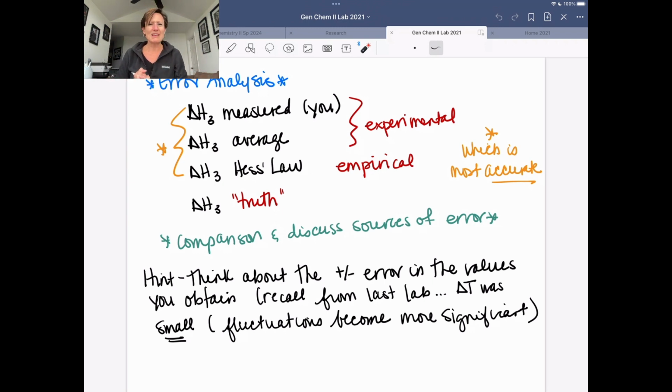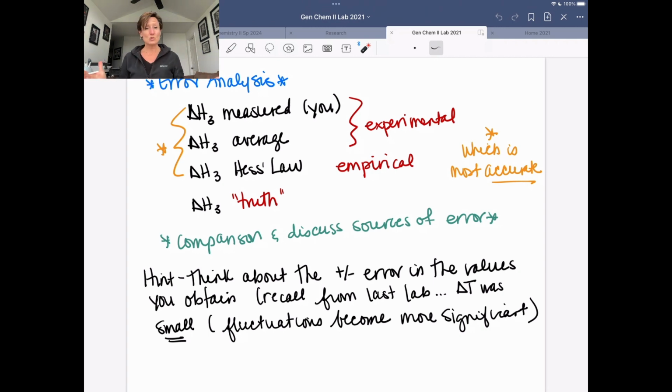Don't know if you remember that lab specifically, but what was unique about that lab is there was not a very significant change or freezing point depression. That was a fairly small number, such that small deviations in that number from the truth would result in large differences in the calculation of that molar mass. So I want you to think about that in the data that you're going to be getting from today's lab in terms of determining our delta H value.